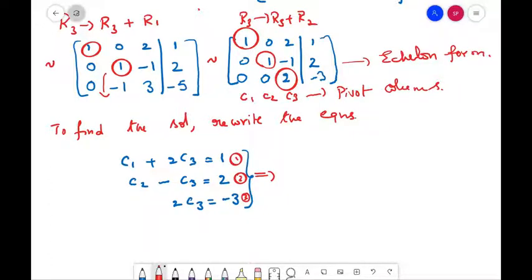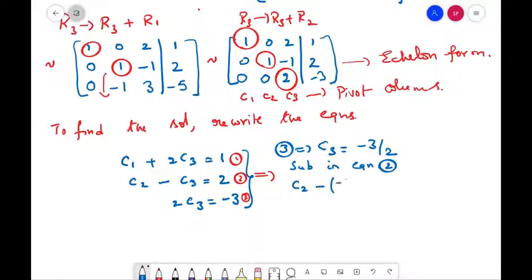So from 3 I have C3 is equal to minus 3 by 2. So substitute in equation 2. So you have C2 minus of minus 3 by 2 is equal to 2. So C2 is equal to 2 minus 3 by 2, which is equal to 1 by 2.